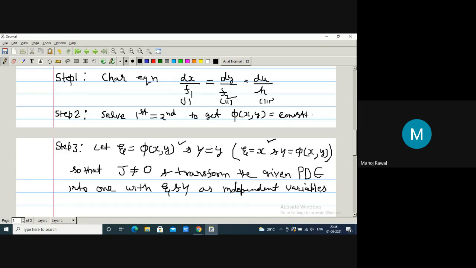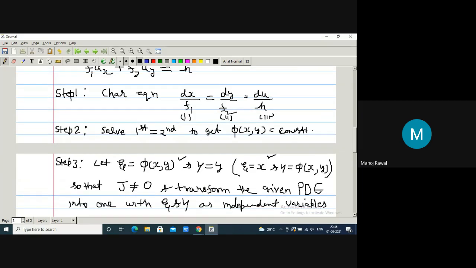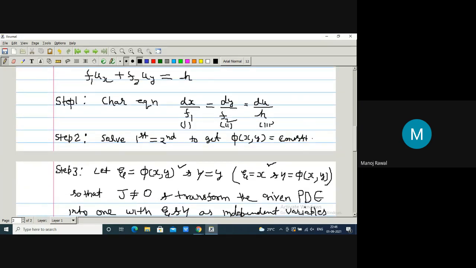See students, you must have noticed that our original differential equation is given in terms of x and y. In step 1, you will find the characteristic equation. There is no problem at all. In step 2, you will solve first is equal to second, and you will get some solution. Call that solution phi xy is equal to constant. That is also an easy task.